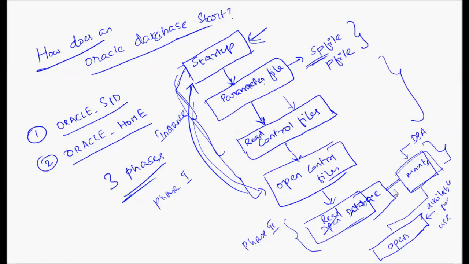In phase 1, we say we have started up in no mount mode. In phase 2, we mounted the database, but still it's not accessible, only DBAs can use the database.